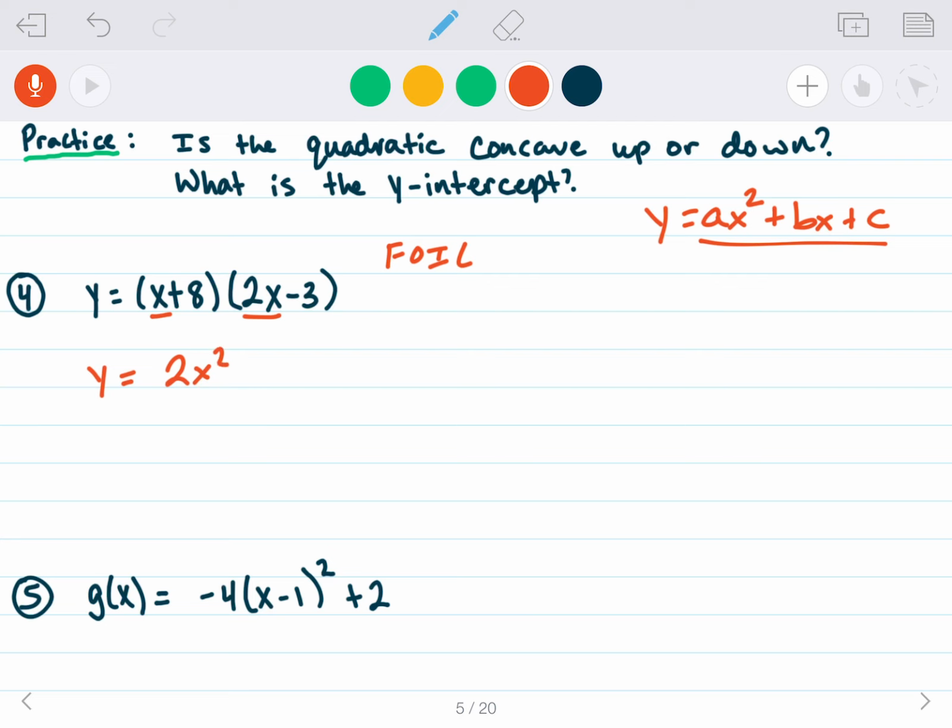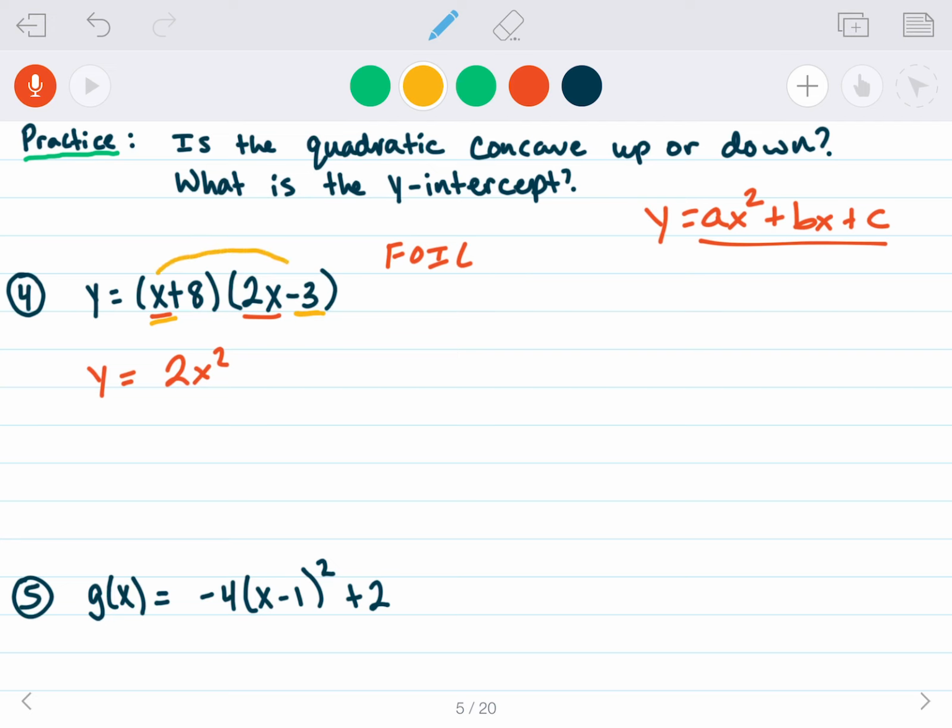Our outer is going to be, let's see, x is on the outside there, and negative 3 is on the outside here.